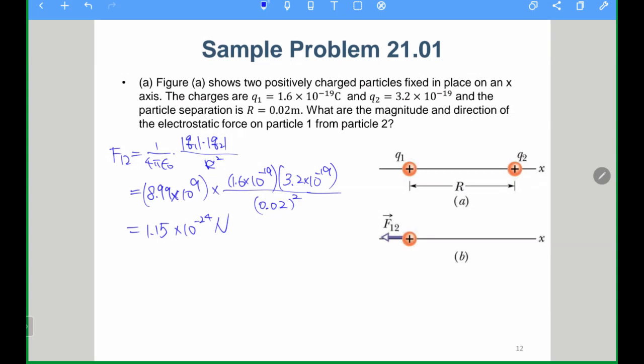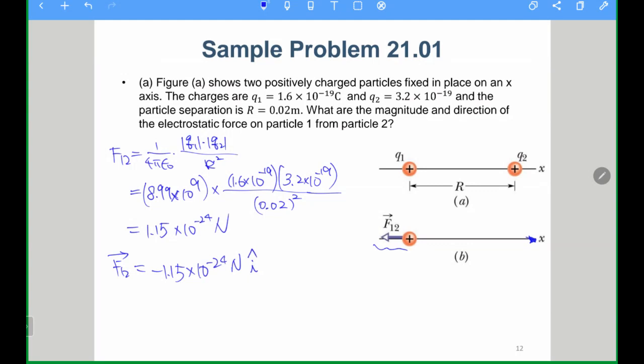Okay, so when we consider F12, which means the force acting on charge 1 from charge 2, F12 in vector form is, we expect the right side is the positive x-axis. So it will be negative 1.15 times 10 to the minus 24 Newton times the unit vector of the x-axis, i hat.